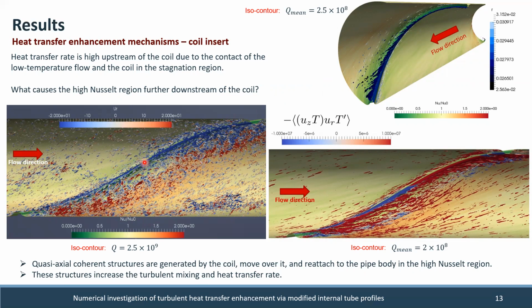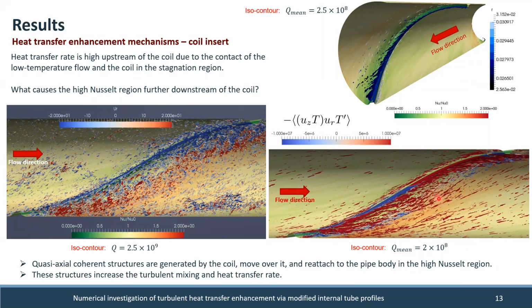Here the structures are colored with radial velocity. You can see that the radial velocity around the coil is negative, so it's toward the core of the pipe, and then they come back and reach the body of the pipe exactly above the region where the Nusselt number is high. So we think the reason that we have this region is because of these coherent structures, these vortices, which are generated by the coil.